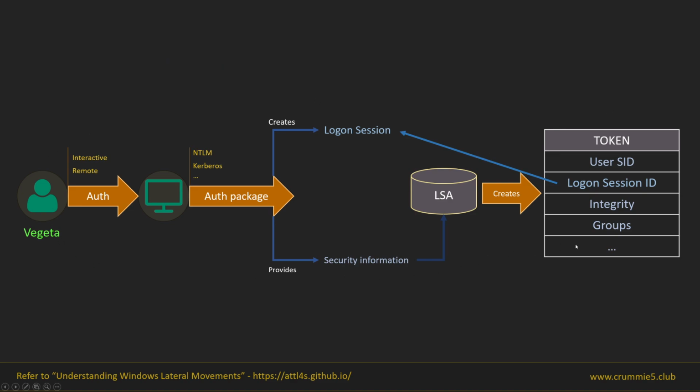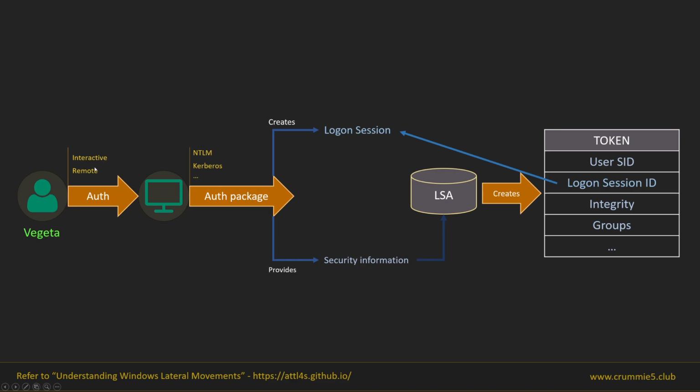So all the relationship between all these things is something like that. You, as Vegeta, can authenticate into your computer interactively or remotely. If you do it interactively, you will probably have credentials stored in LSASS.